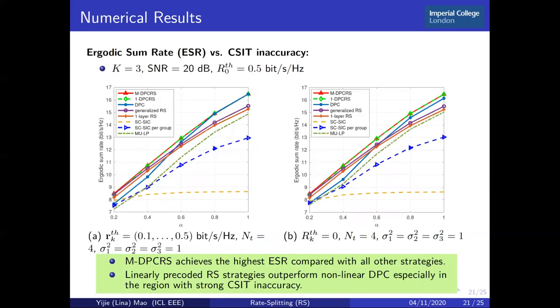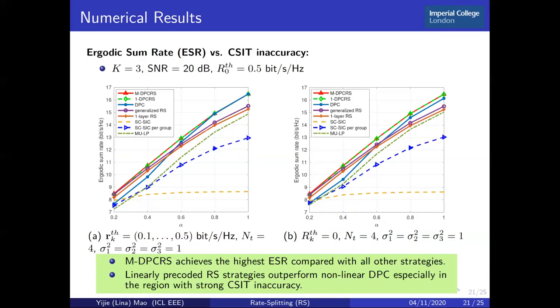We further illustrate here the influence of CSIT inaccuracy. As we mentioned previously, CSIT inaccuracy is controlled by the power of the CSIT error, and the power of the CSIT error is controlled by alpha. CSIT becomes worse as alpha becomes smaller. As alpha becomes larger, CSIT becomes better, and dirty paper coding, the blue curve, becomes better and closer to our proposed DPCRS scheme.